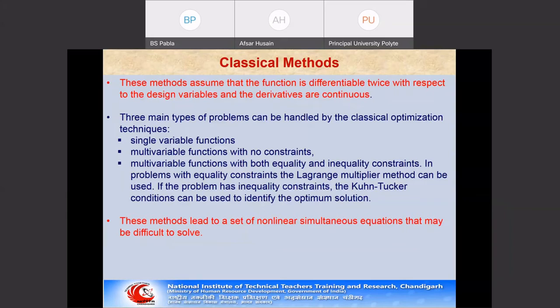If the problem has inequality constraints, the Kuhn-Tucker conditions can be used to identify the optimum solution. That means the Lagrangian multiplier is one method. The Kuhn-Tucker conditions are basically the necessary and sufficient conditions for the problem to have an optimum solution, minimum or maximum. These methods lead to a set of nonlinear simultaneous equations that may be difficult to solve.